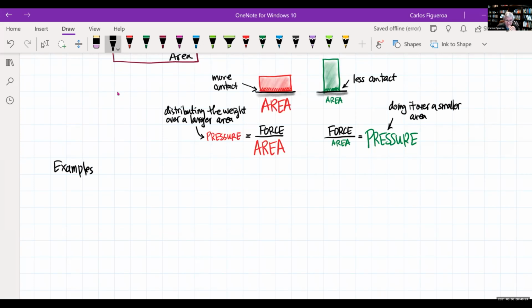You could imagine one example we could think about: how about stepping on somebody's finger.